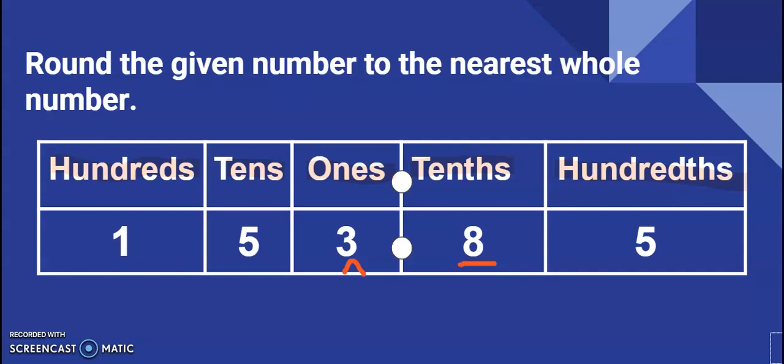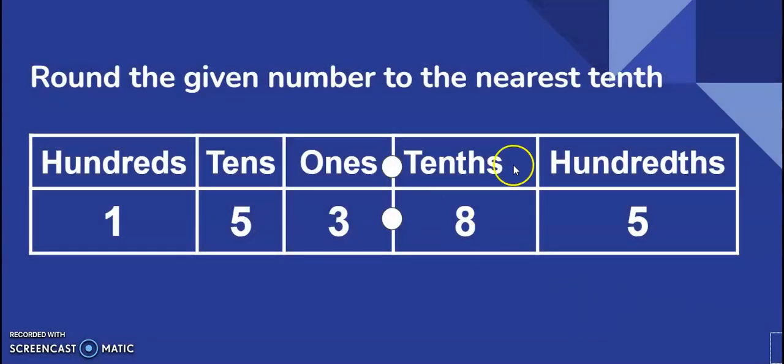Since the digit to the right is 5 or more, I'm going to add one more to my ones place. As I add one more to my ones place digit, that is 3, it will become 4. So my number would become 154 when I round off to the nearest whole number.